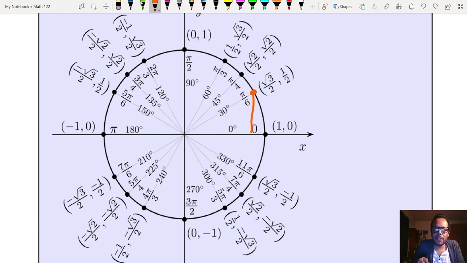Do you see the connection with the triangles? And then let's look at this other point, the one I'm highlighting here. Do you see where I'm going here?